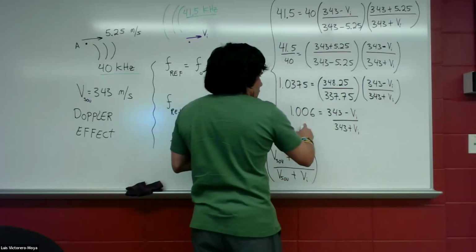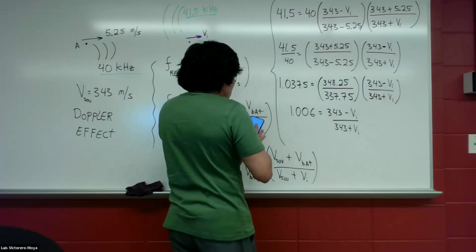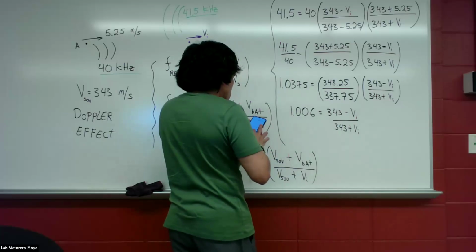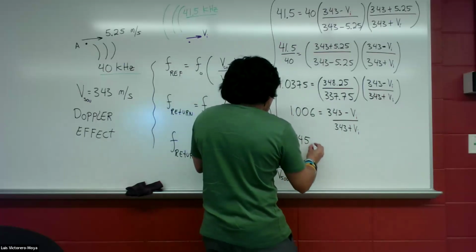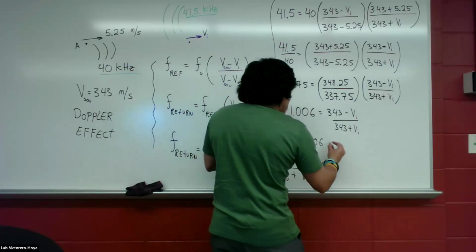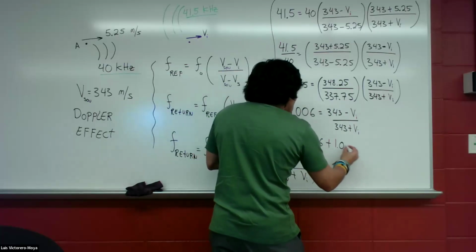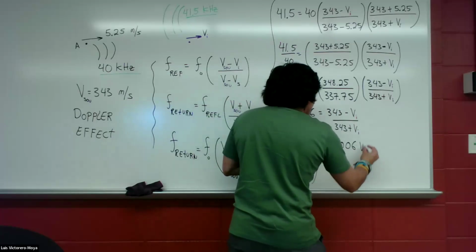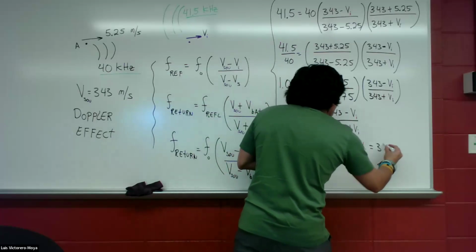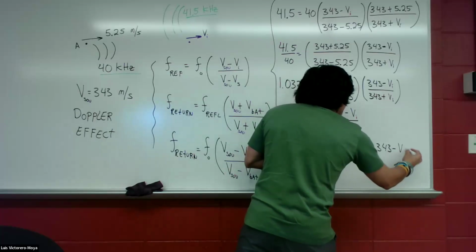So if I multiply this, I make it equal, so I will get 343 times 1.006. I get 345.06 plus 1.006 VI equals to 343 minus VI.